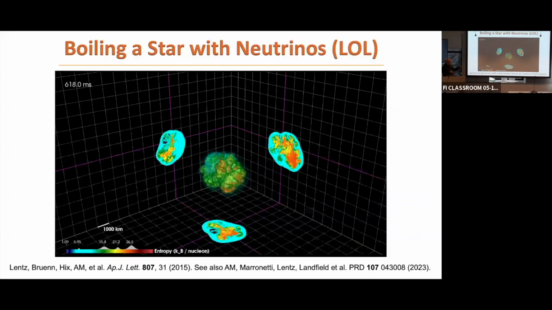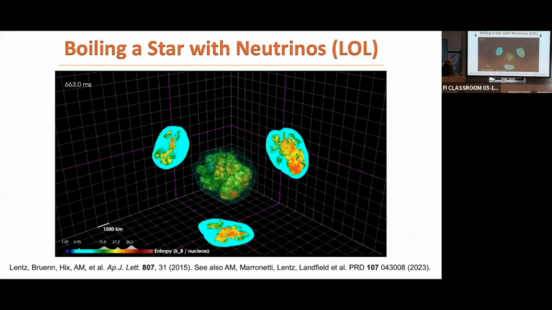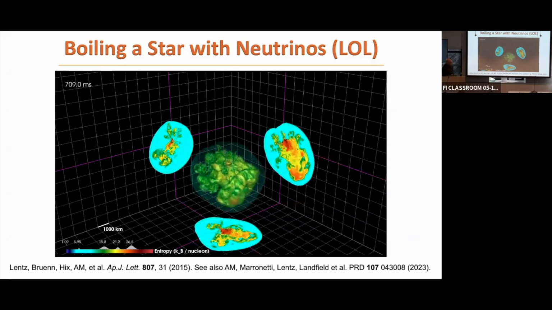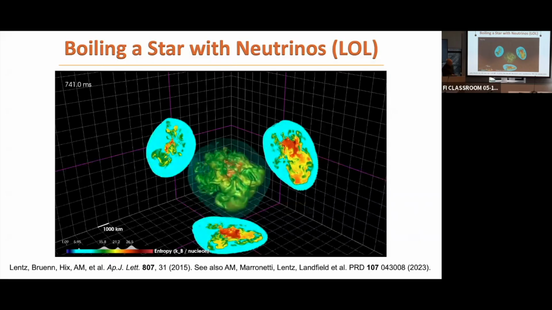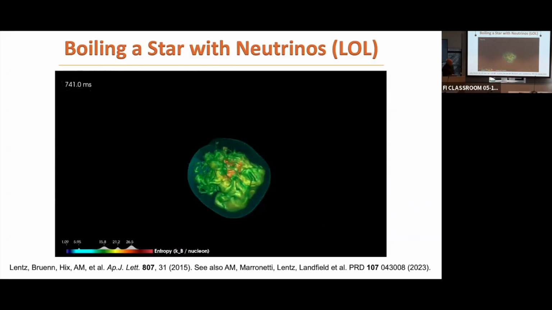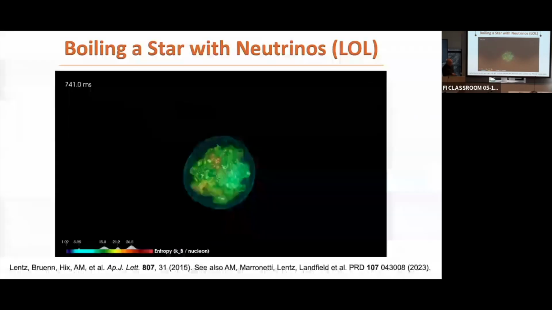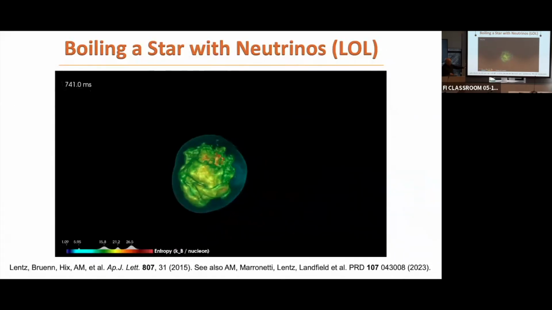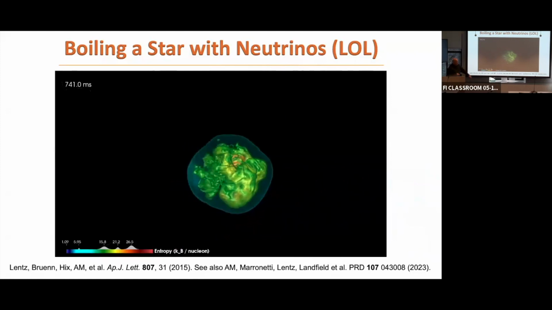And we keep zooming out so we can follow the whole evolution. And you see here the formation of a very large bubble, and you'll see it now in 3D right in here, in which the explosion ultimately occurs.